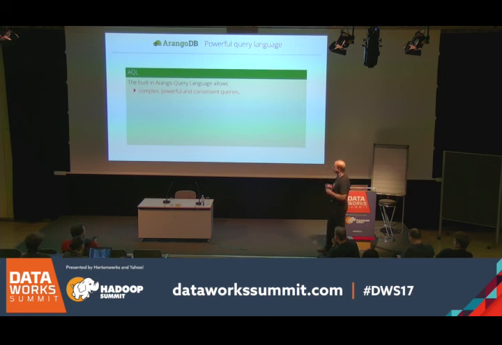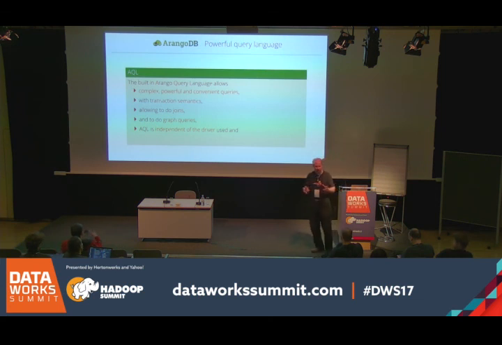So ArangoDB is a multi-model database, and the two crucial aspects I want to emphasize today is that it has a query language which can do transactional semantics, joins, graph queries, all in one language.